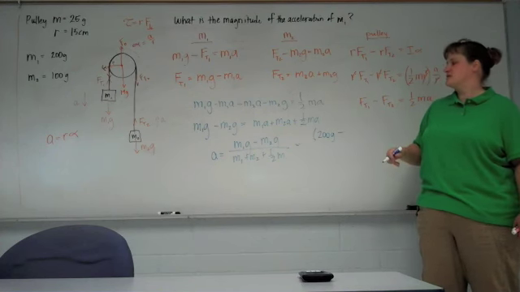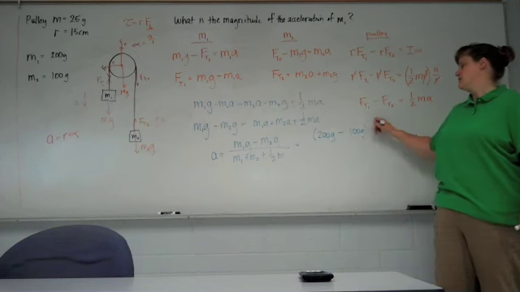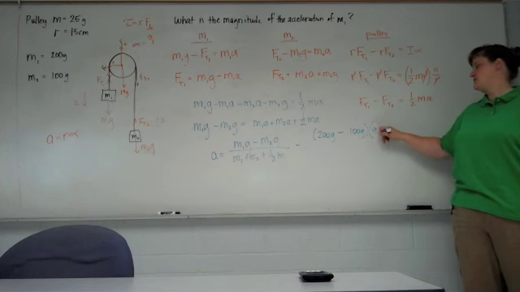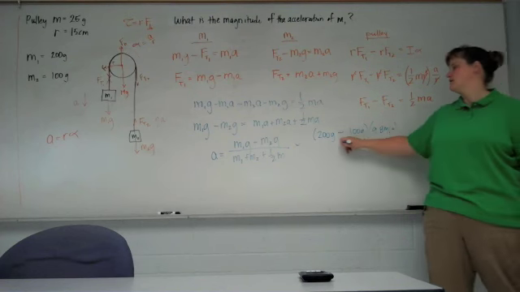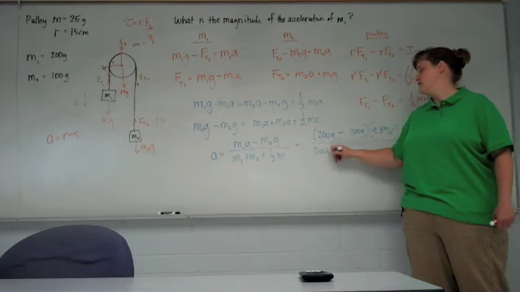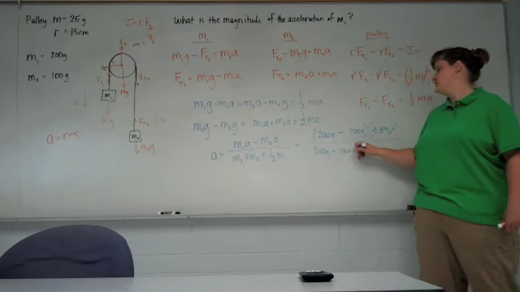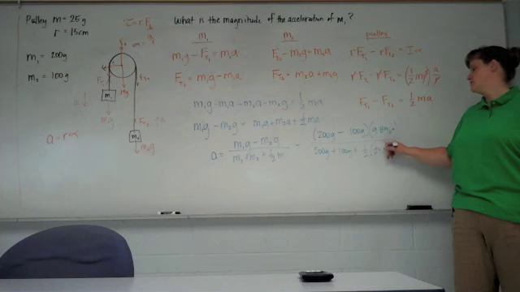I'm going to factor out the G. So minus M2, which is 100 grams, times G, which is 9.8 meters per second squared, all over M1 plus M2 plus 1/2 the mass of the pulley.